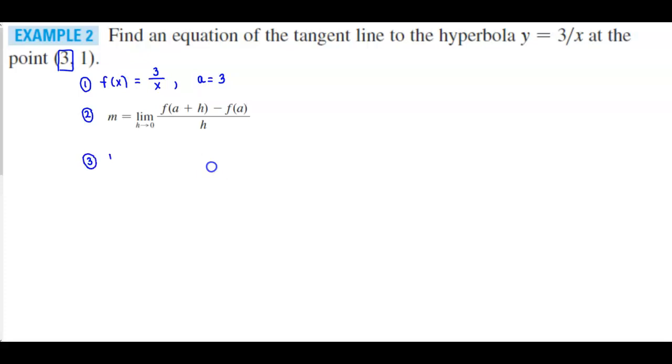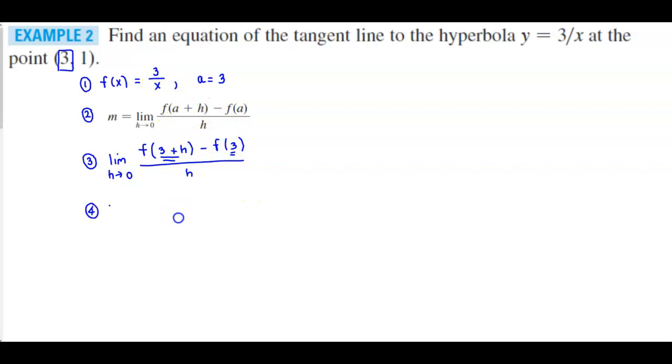So we want to find the limit as h approaches 0 of f of a plus h minus f of a over h. Now we're going to plug in 3 plus h into the function here and plug in 3 into the function here.